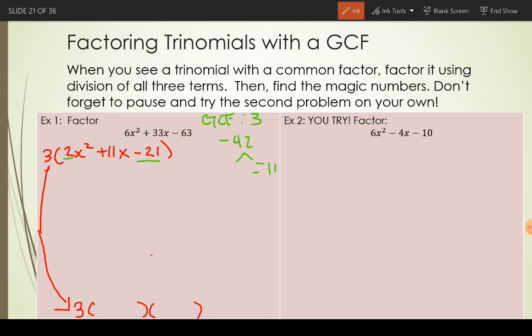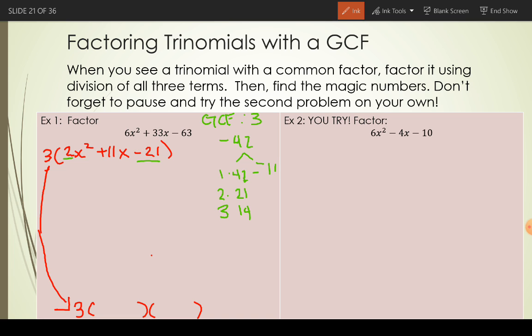So the magic numbers here, well, 1 times 42 will give us negative 42, but it doesn't add to 11, so that doesn't work. 2 times 21 is 42. That doesn't add to 11, so that doesn't work. 3 times 14 multiplies to 42.